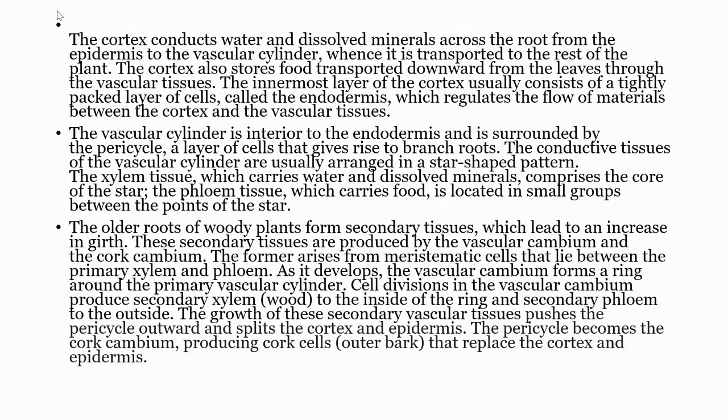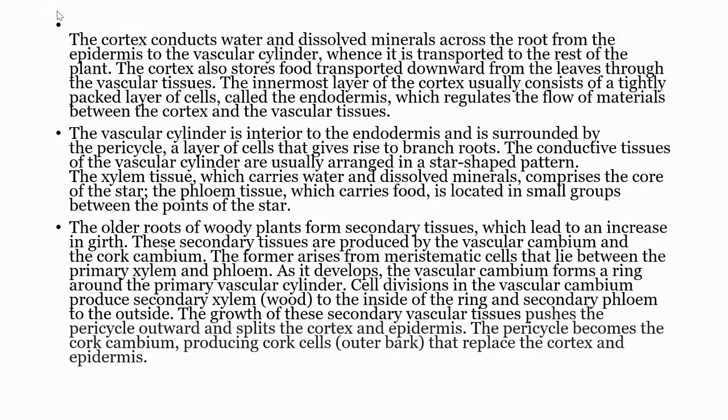The older roots of woody plants form secondary tissue, which leads to an increase in girth. These secondary tissues are produced by the vascular cambium and the cork cambium. The former arises from meristematic cells that lie between the primary xylem and phloem. As it develops, the vascular cambium forms a ring around the primary vascular cylinder.